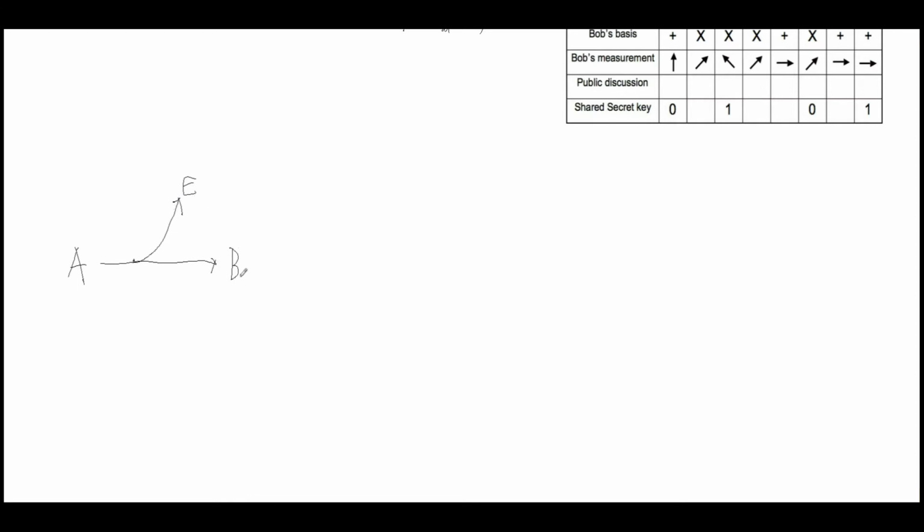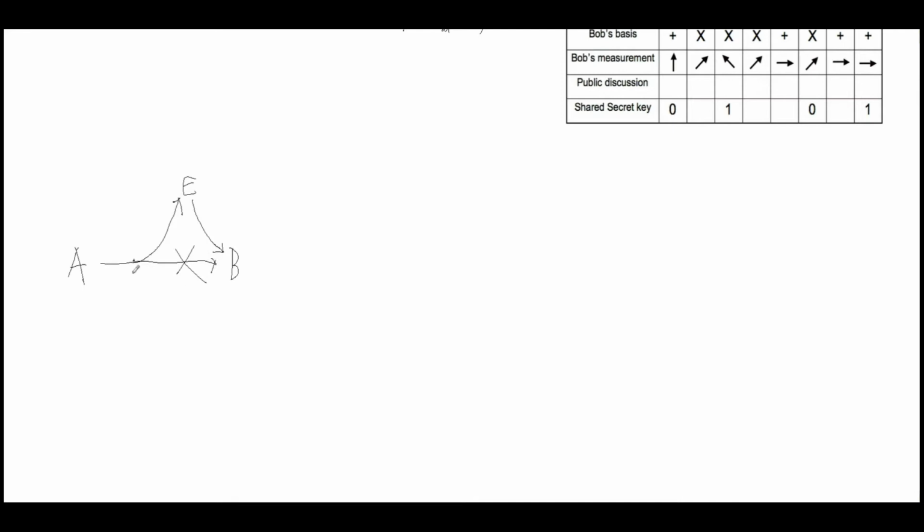But since these photons moving across will have a particular set of superpositions, if Eve intercepts them before Bob gets them, she will then have to send another one to Bob, and this one will not end up being the same.